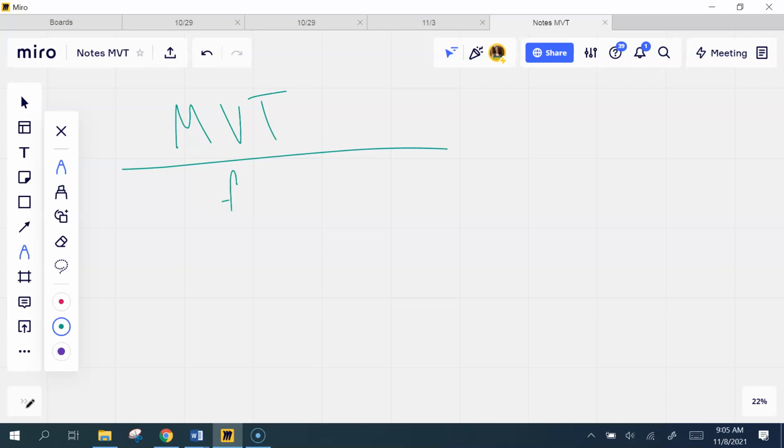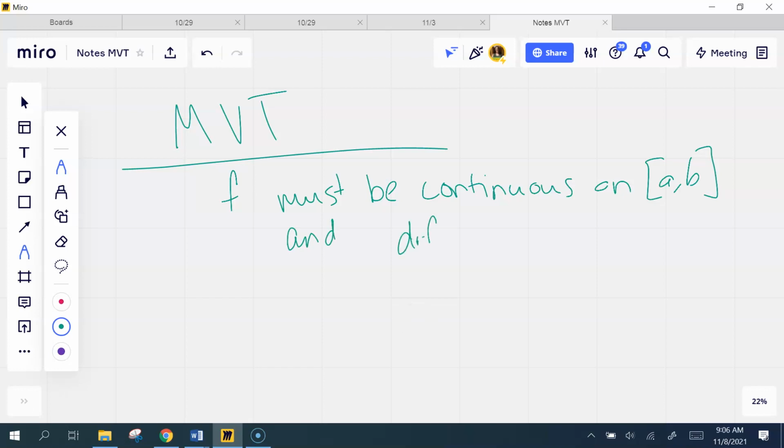here, f must be continuous on [a, b] and differentiable. Remember, the derivative is exclusive.